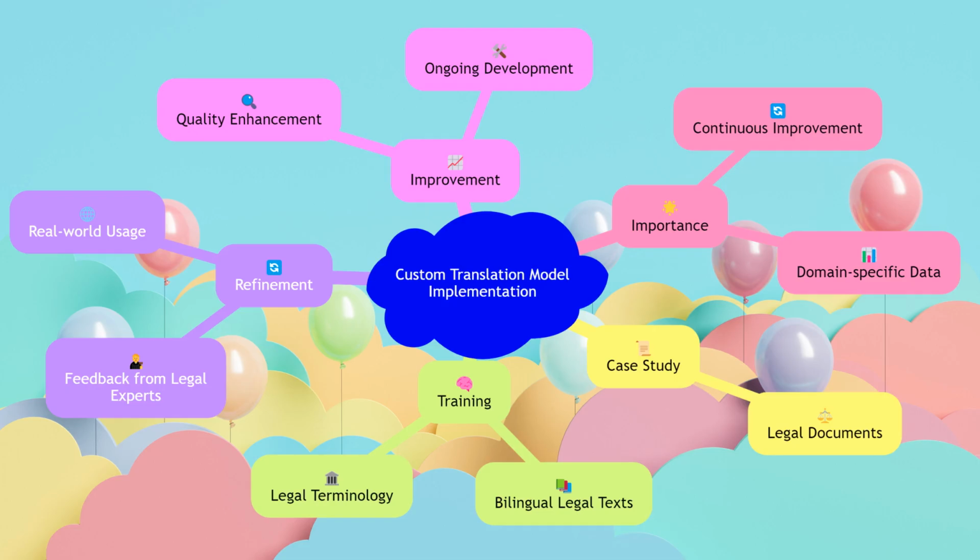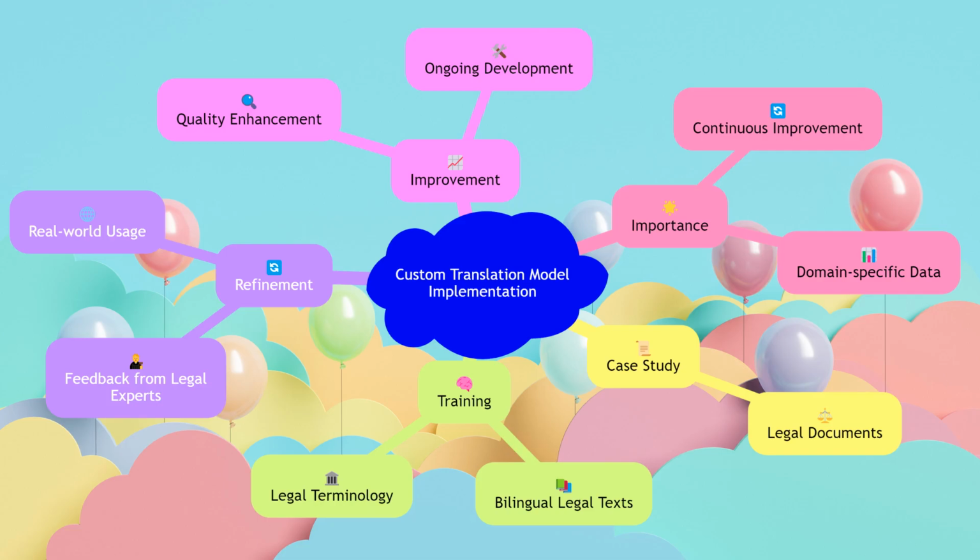To illustrate the process of implementing a custom translation model, let's consider a case study involving the translation of legal documents. Legal language is highly specialized and requires precise translations to avoid misunderstandings. A custom translation model for this domain would be trained on a large corpus of bilingual legal texts, ensuring it understands the nuances and terminology specific to the legal field.